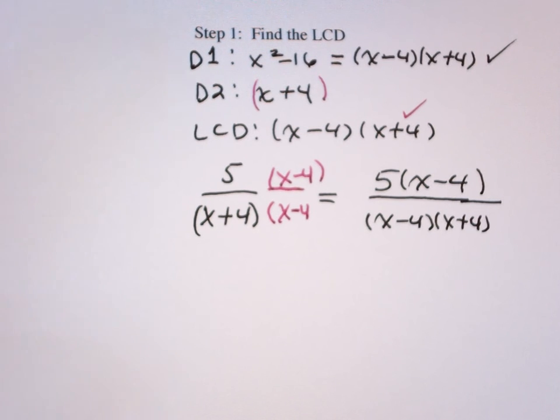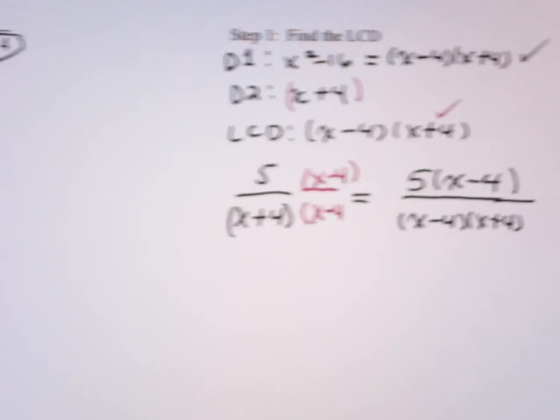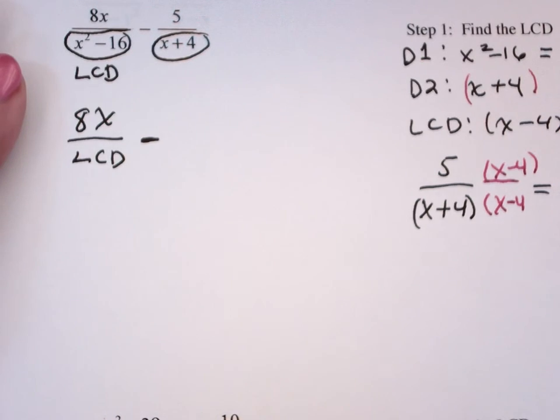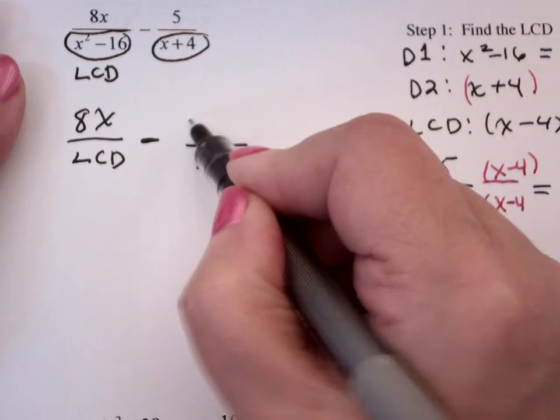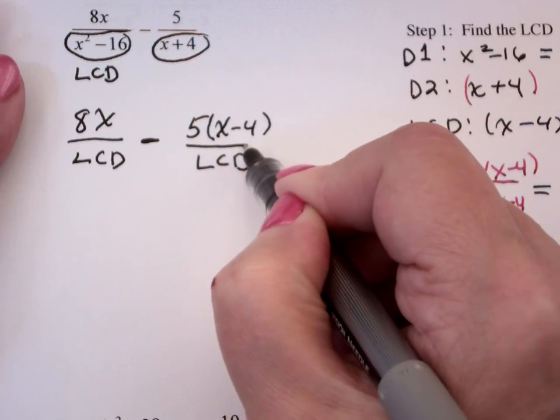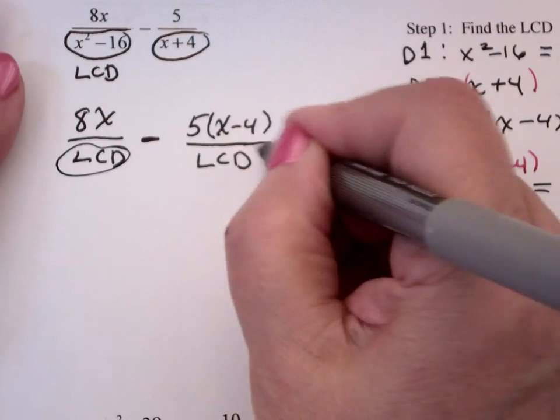I can multiply him out, but it's going to make life a little nicer. So that means that 5 over x plus 4, the equivalent fraction with the appropriate LCD, is 5 times x minus 4. Now I'm going to be counting the same thing.